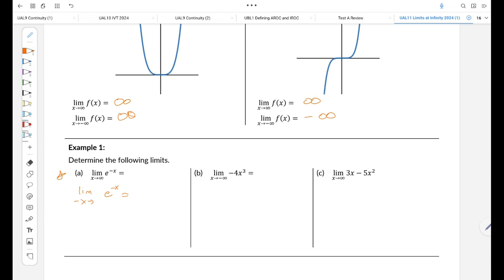X goes to infinity means I am plugging bigger and bigger numbers in for x. So what's negative x going to? Negative infinity. I'm taking those same numbers, but I'm dropping a negative sign in front of them after I look at them. So that's going to be negative infinity.